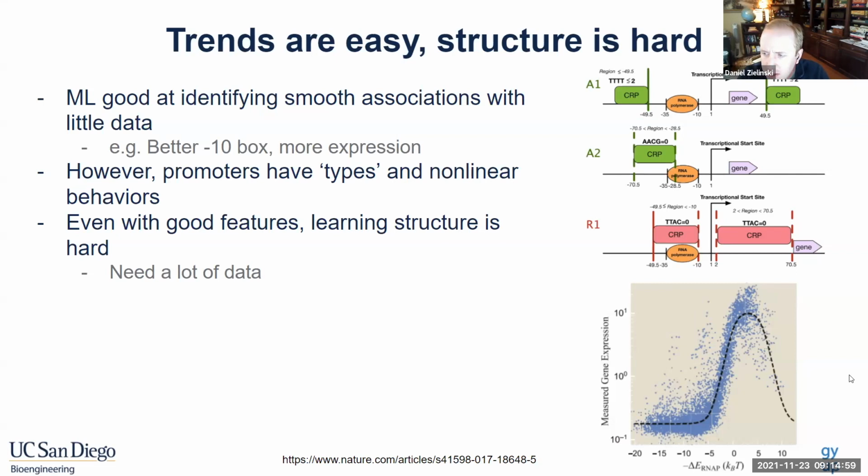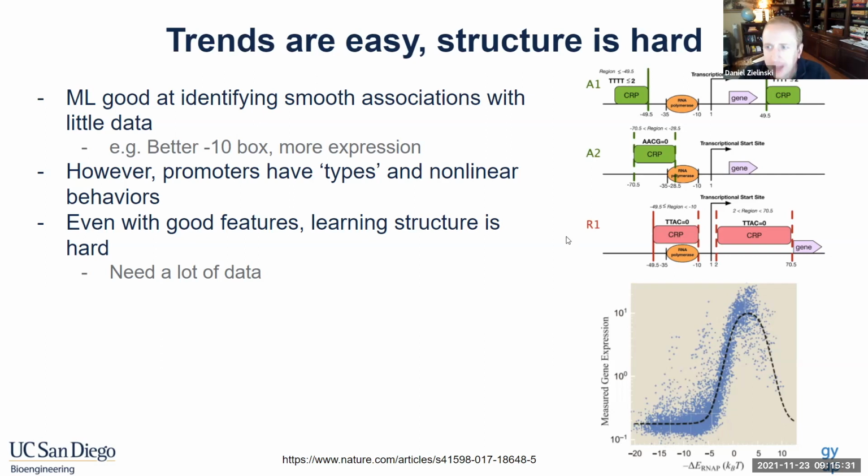And there's also some nonlinear behavior in addition to this type kind of thing going on. What's the basis for this? What I'm looking at here, I think this is from a PNAS paper, is gene expression versus the predicted RNAP binding energy, so how tightly the polymerase is binding.